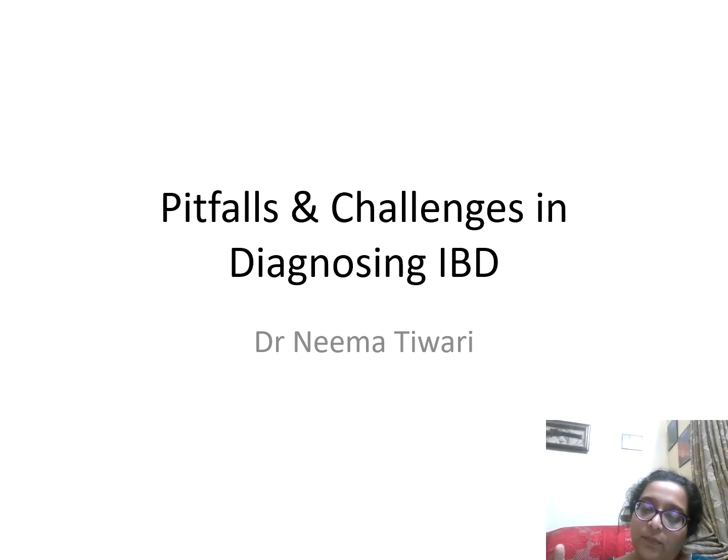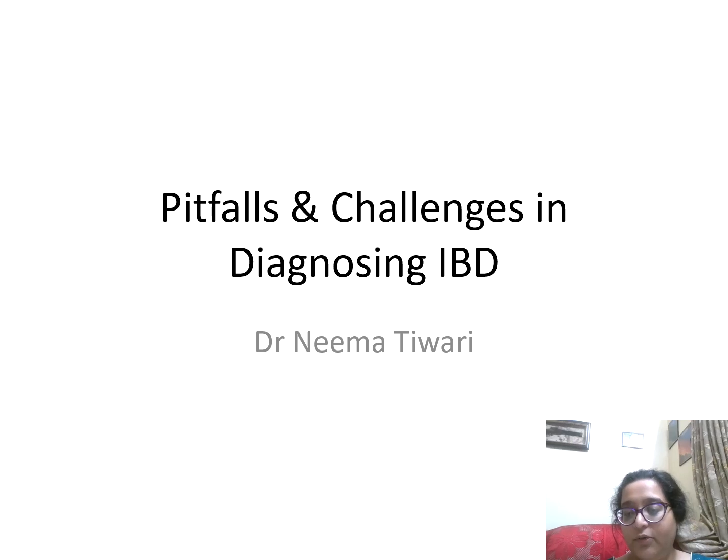Whenever the gastroenterologist does an endoscopic biopsy, you need to take certain history. As I told you previously, IBDs are not purely microscopic diagnoses. You need endoscopic confirmation with your microscopic confirmation.